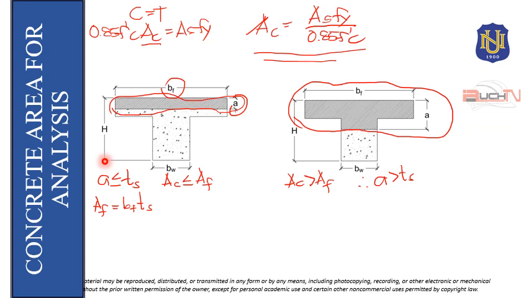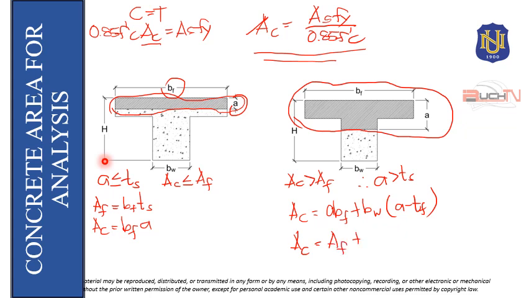And yung most common na pinagkaiba nung dalawa is dito ang AC natin is equal to BF times A. Doon naman sa kabila, yung AC natin or yung area ng concrete natin will just be equal to A times BF plus BW times A minus TF, or simply the area of concrete for this one will be area of flange plus BW times A minus T sub S. So, yun ngayon yung significant na pinagkaiba nung dalawang conditions natin.